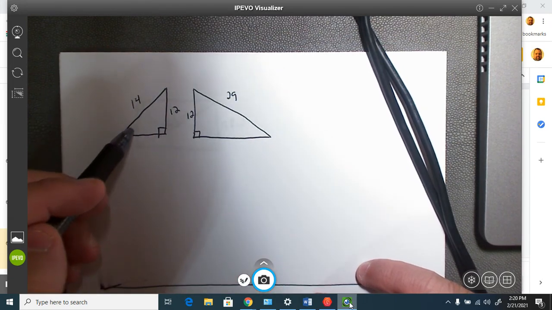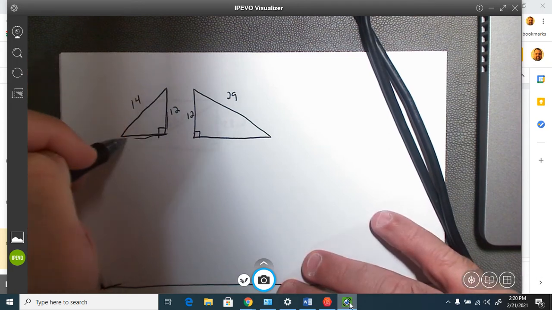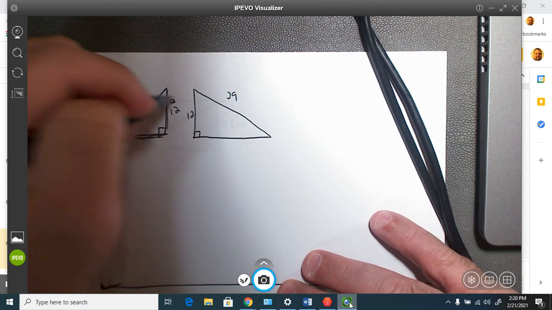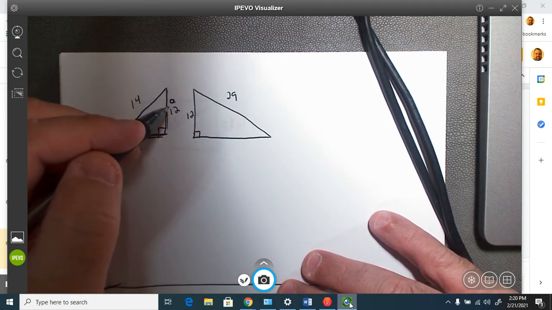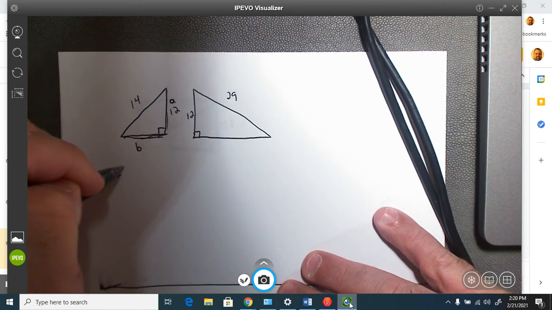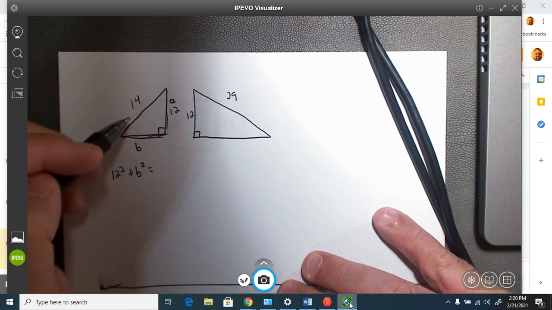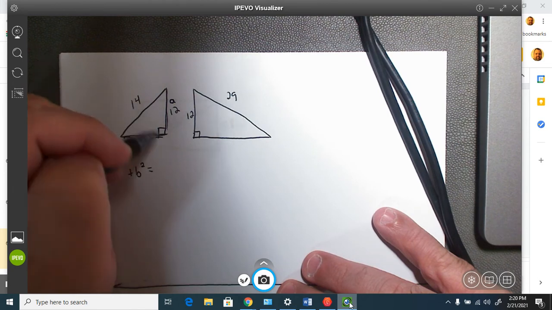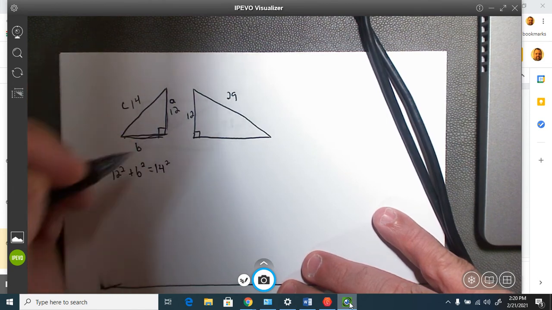So I have the left triangle here and the right triangle here. Let's look at this left triangle first. I notice that these two sides touch this square, so I can call this A and this B. I know what A is. A is 12. I don't know what B is, so I'm going to say B squared equals, and the side not touching the square and being pointed towards is my C. So that's 14 squared.